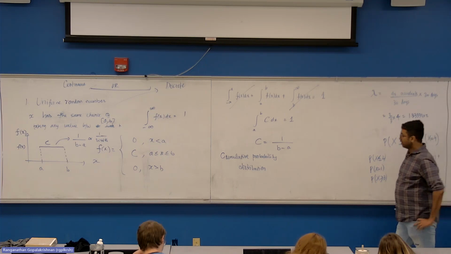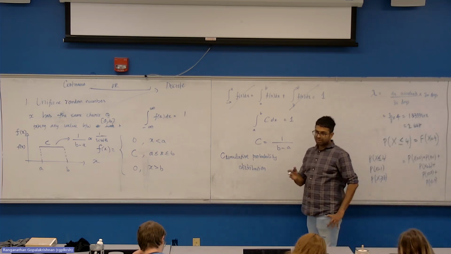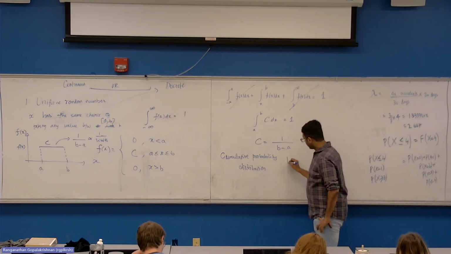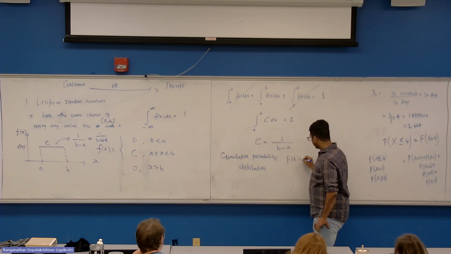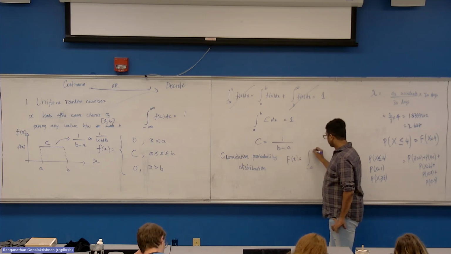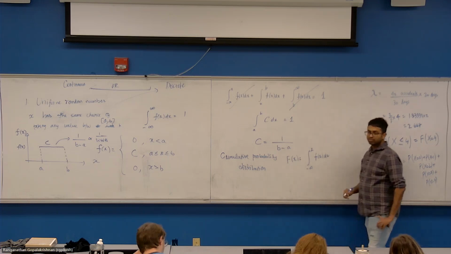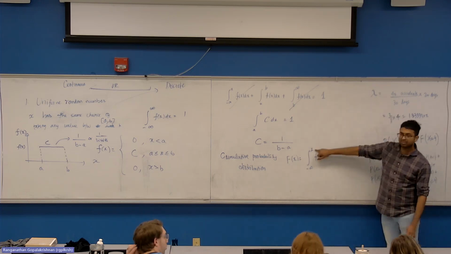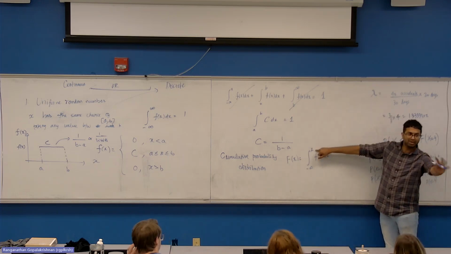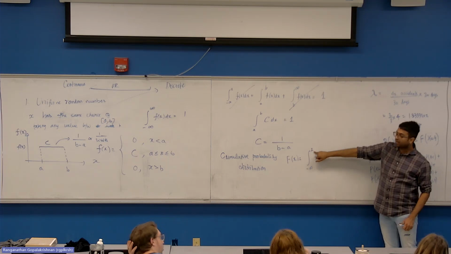It's the probability of all the options added up until a certain point. So if I write F of x, it's the integral from minus infinity to x of f of x dx. This x is like a slider.